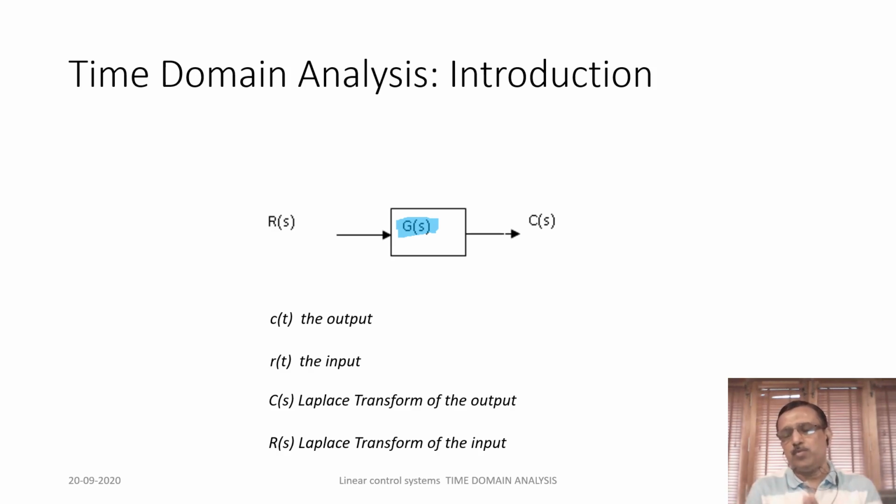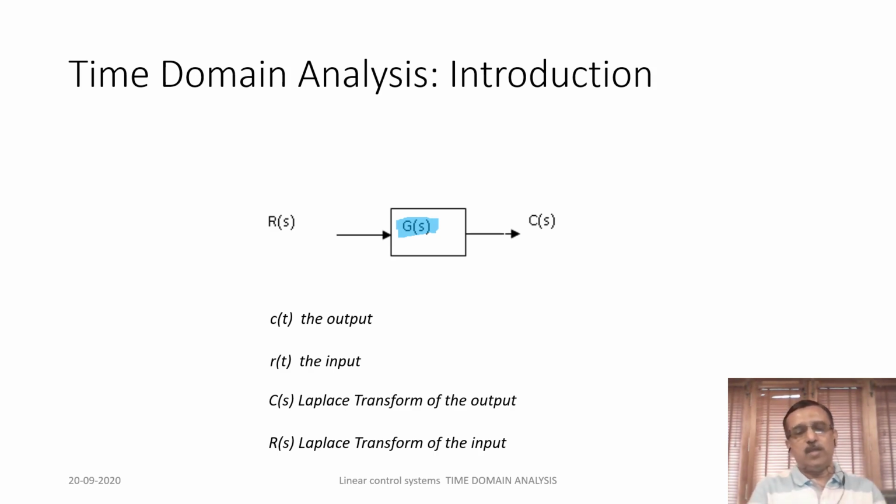There may be loops, there may be multiple forward paths. You will get a transfer function G(s). We know the definition of the transfer function: it is the Laplace transform of the output by the Laplace transform of the input. That is the major point of interest in this module.